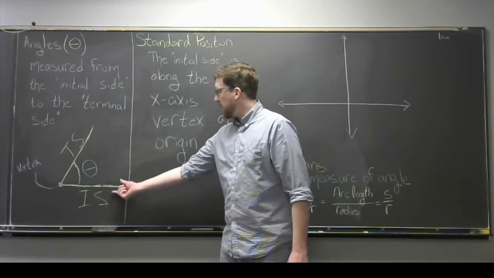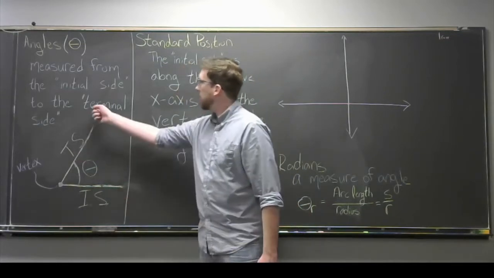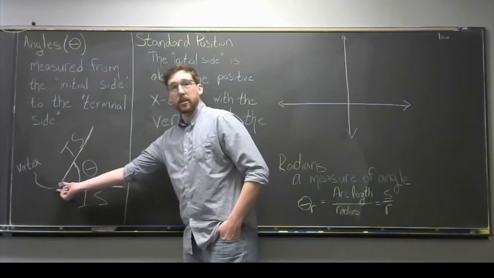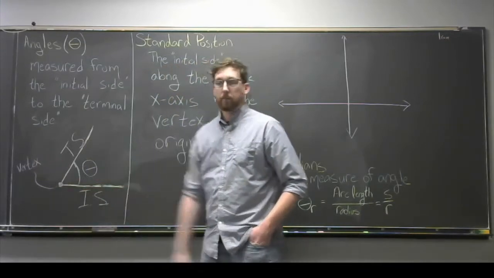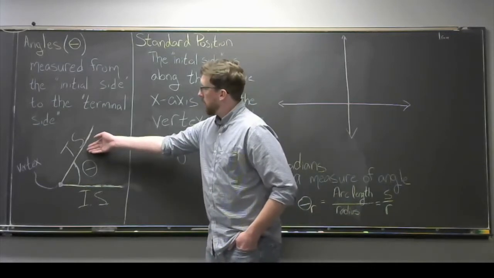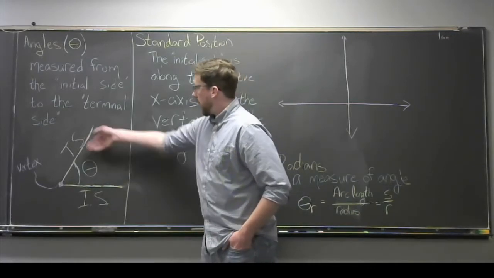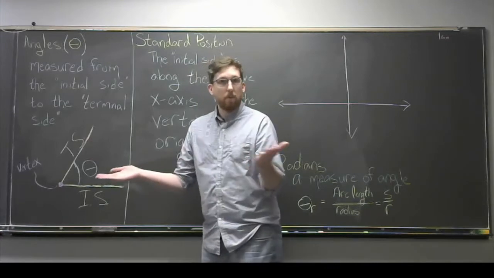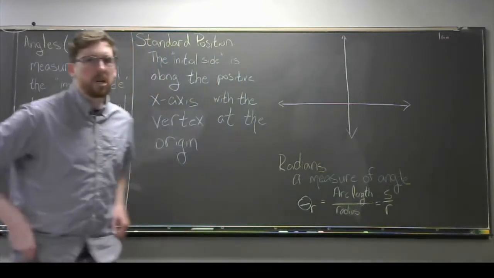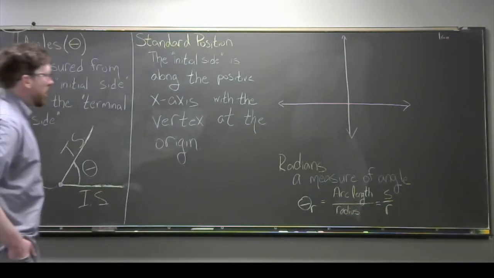So we have an initial side and a terminal side. Both of these rays are connected together at a single point, which we call a vertex. And we use this measurement of angle to measure how separated they are, how far apart the opposite ends are. Okay, pretty straightforward.